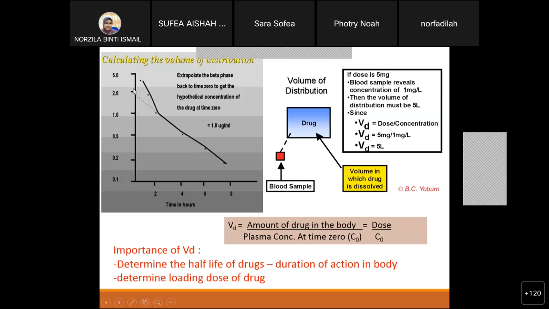After we get that, we can calculate the volume of distribution because we know the dose of the first administration to the patients. So the dose that we administer, we divide by plasma concentration at time 0, or C0. So we get the volume of distribution.